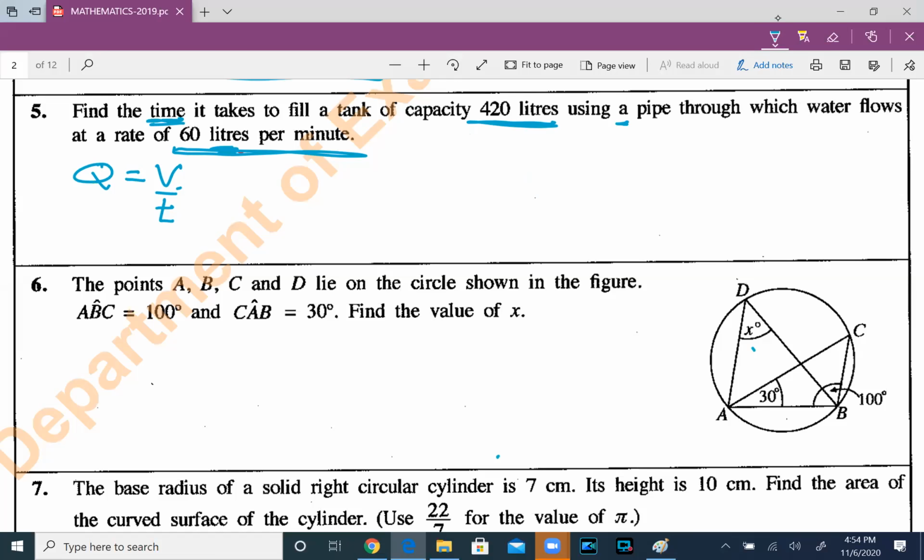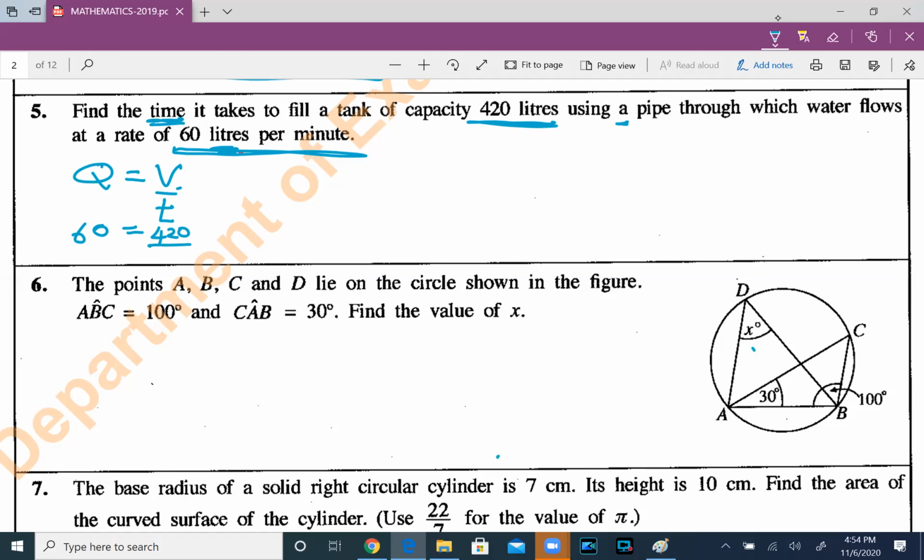So if you substitute the values here, Q is going to be 60, and the volume is going to be the capacity they have given, 420, in liters per minute.